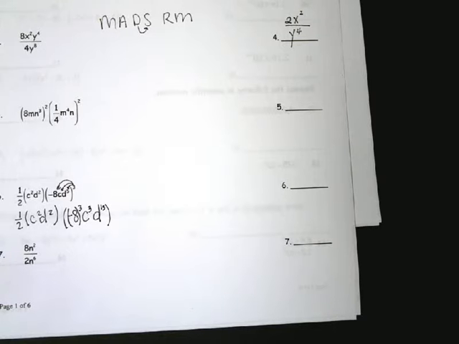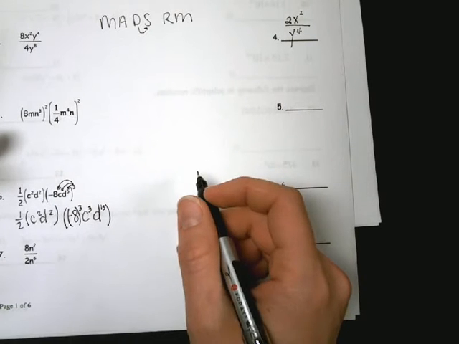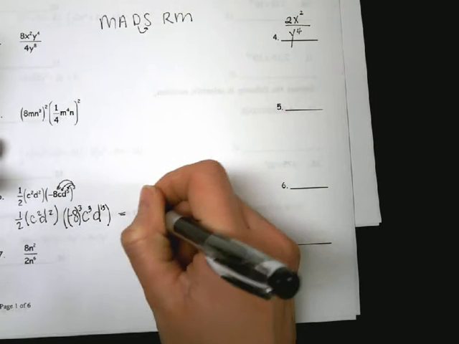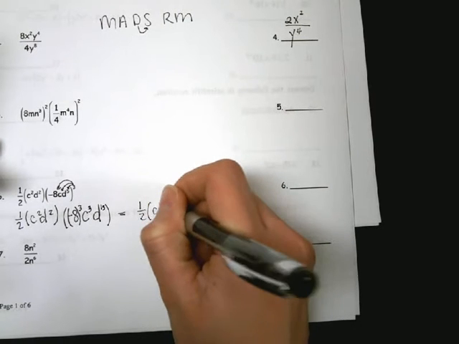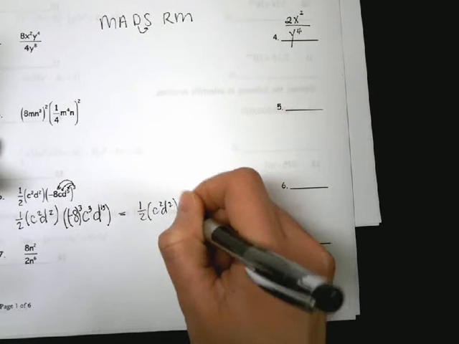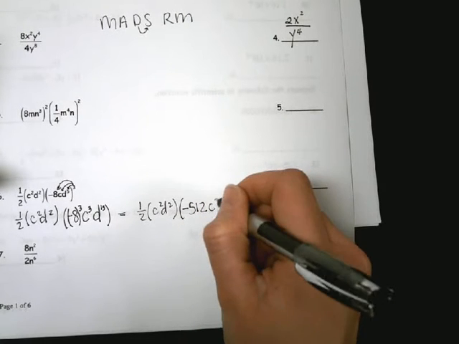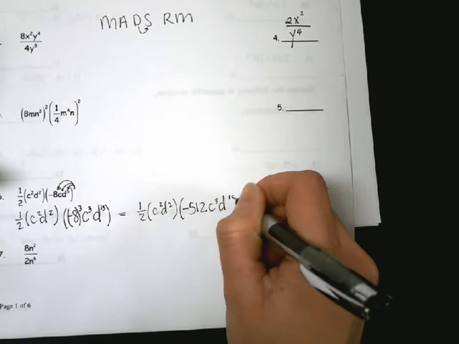I'm going to put negative 8 cubed in my calculator, and I get negative 512. So this is the same thing as 1/2 C squared D squared times negative 512 C cubed D to the 15th.